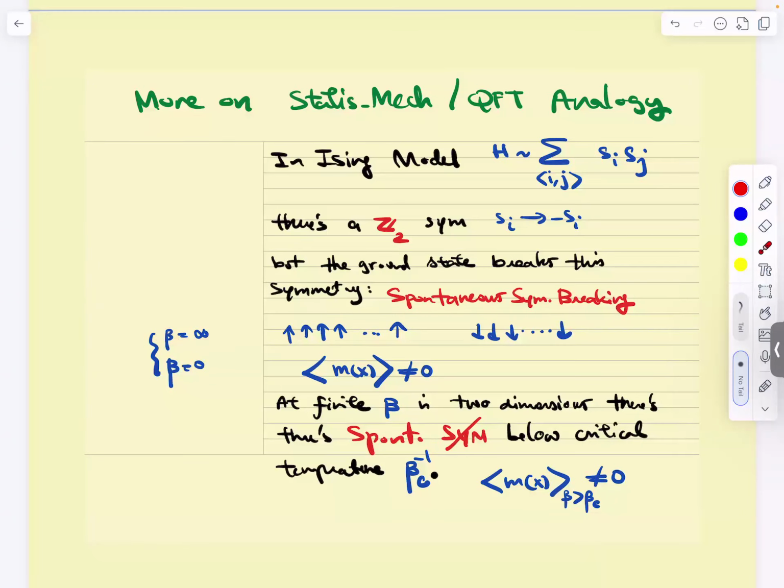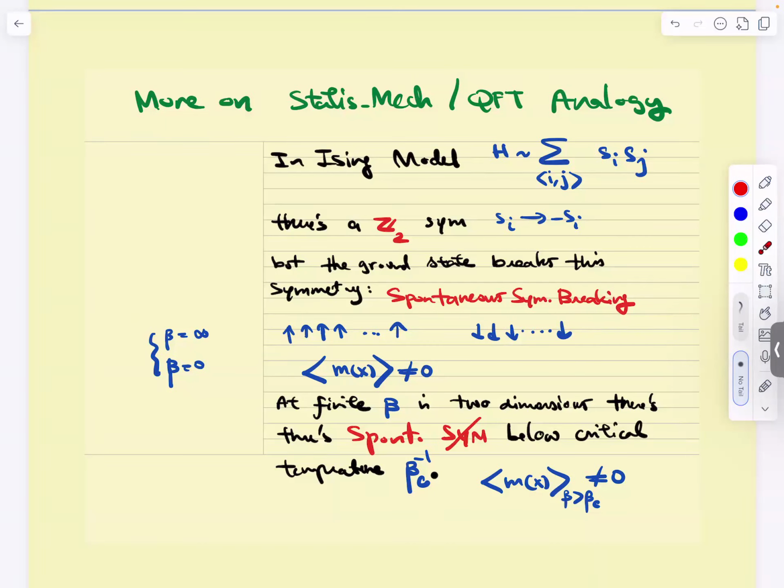What is magnetization? Magnetization is the average of this. At infinite temperature, of course, there's no order. And it turns out that at any finite temperature in one dimension, the order is destroyed. So there's no phase transition. A phase transition would be where, as we dial beta, there is a critical temperature where the order is changing.